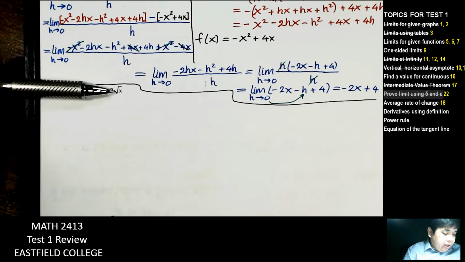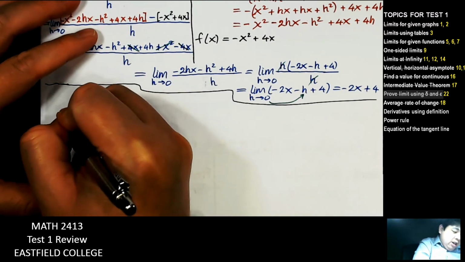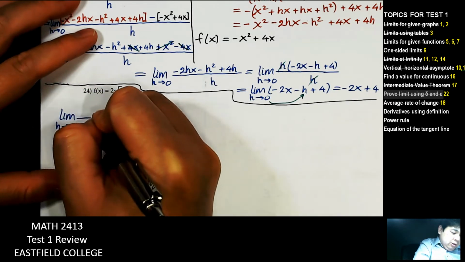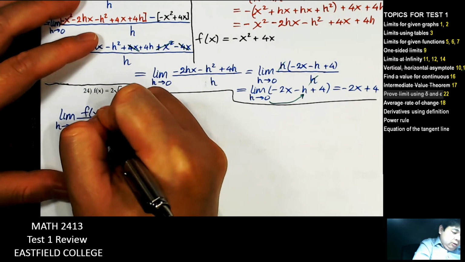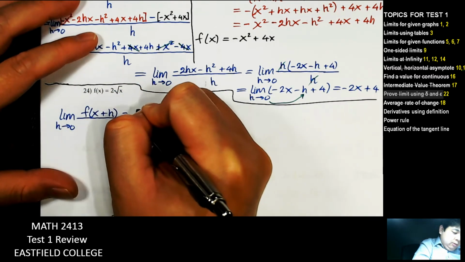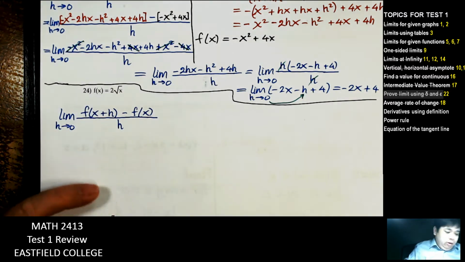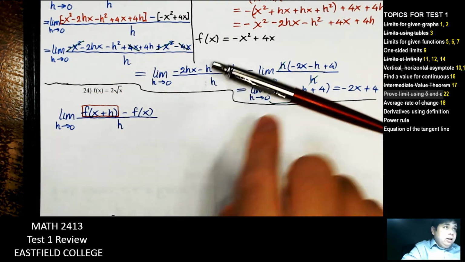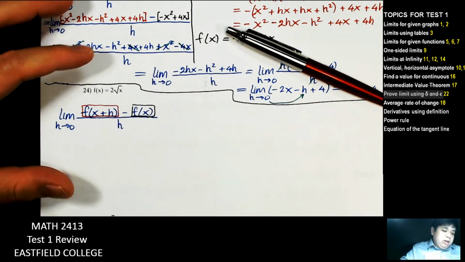Next one, we have the square root of x. We write first the definition. So the one in red and the original function.